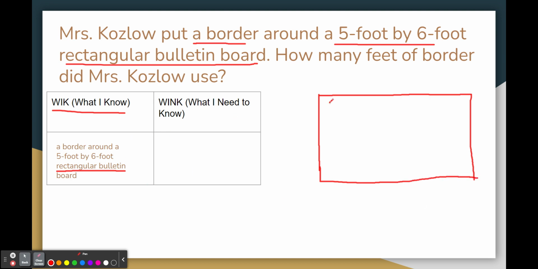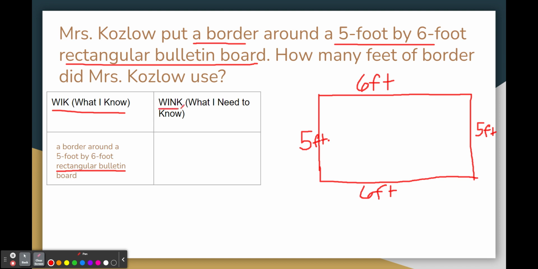And I know that one length is 5 feet and the other side length is 6 feet. Now, because this is a rectangle, I know that both of my other sides are also 5 feet. And this one down here is 6 feet. Okay, so we have our information that I know.